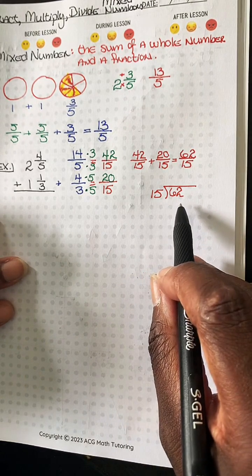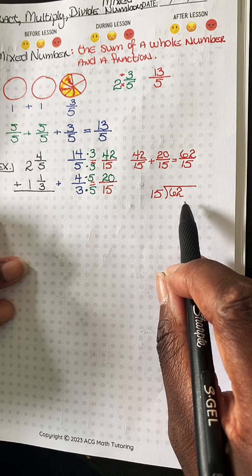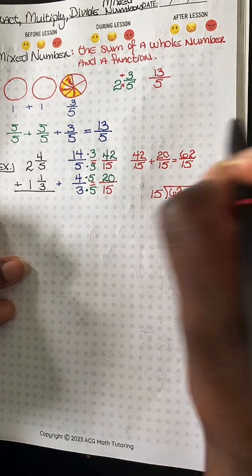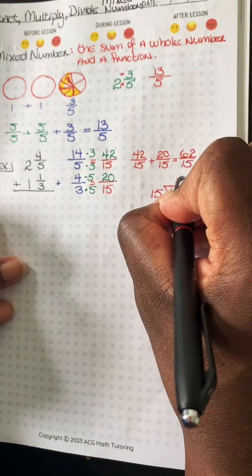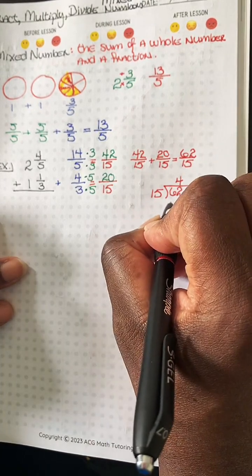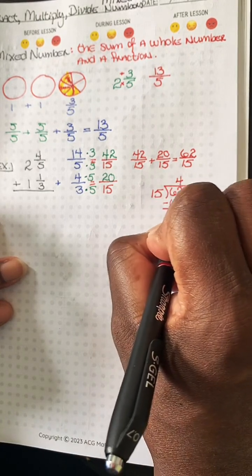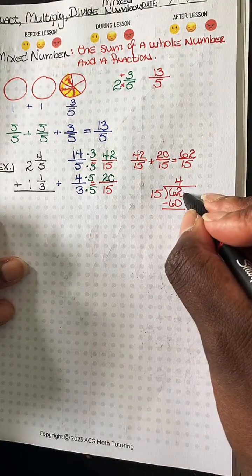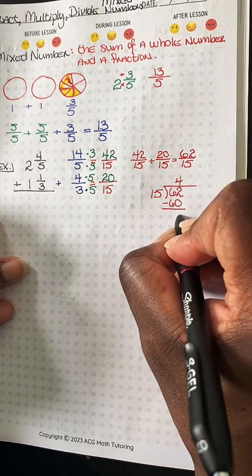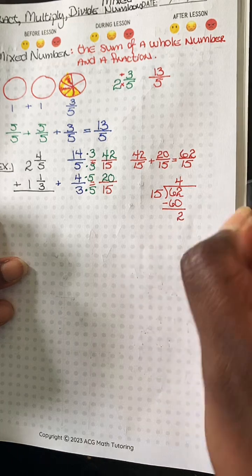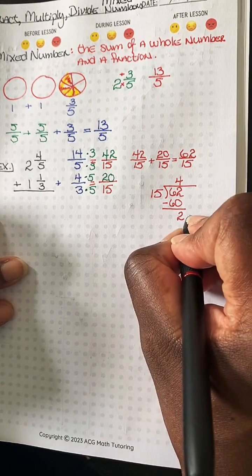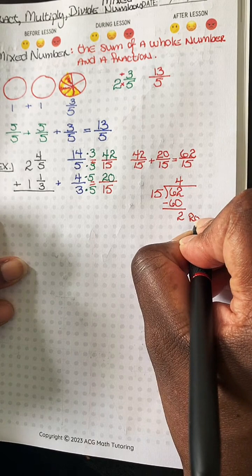Okay, I'm seeing a couple people with the 4s. Because 15 times 4 will give me 60. And then when I subtract 62 minus 60, that will give me 2. And this 2 is your remainder.